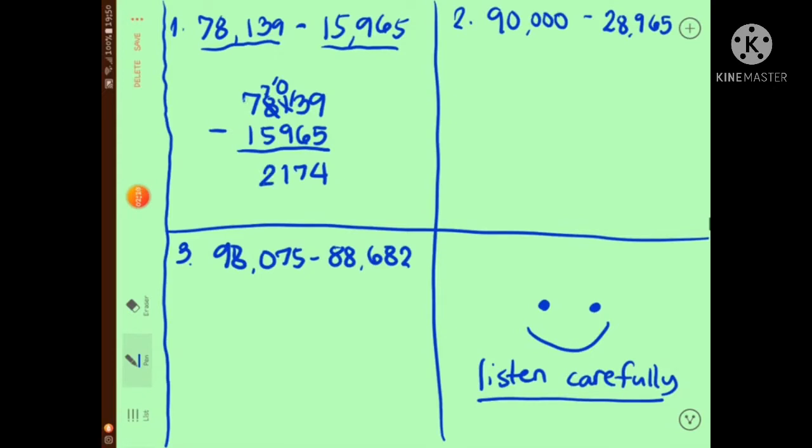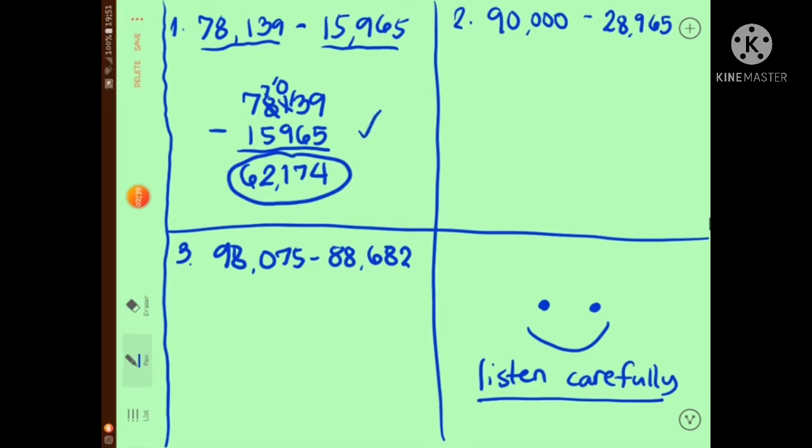And then, last one, 7 minus 1. That is 6. So therefore, we have the answer 62,174. That's the first answer.